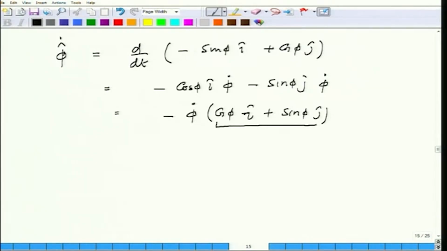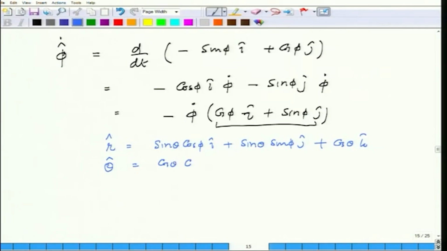Now I want to bring this in the form of a combination of r unit vector and theta unit vector. So recall again, r unit vector was sine theta cosine phi I plus sine theta sine phi j plus cosine theta k, and theta unit vector was cosine of theta cosine of phi I plus cosine of theta sine phi j minus sine of theta k.